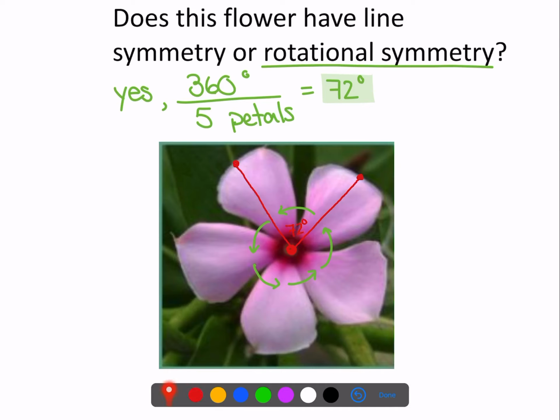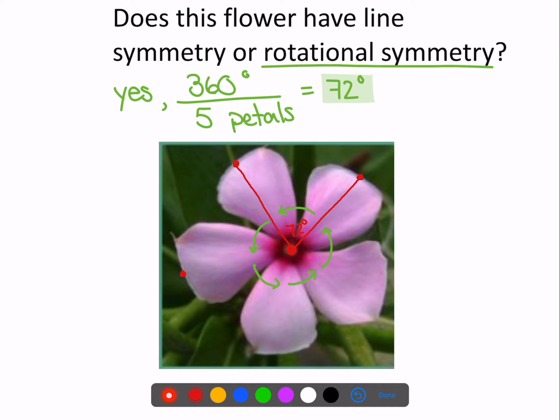This goes back to what we were talking about in rotations in our last video, and how rotations go from a point to our center of rotation to our image. So we have our pre-image, our center of rotation, and our image creating this 72 degree angle here. In fact, I can do that with any 2 points on this figure.